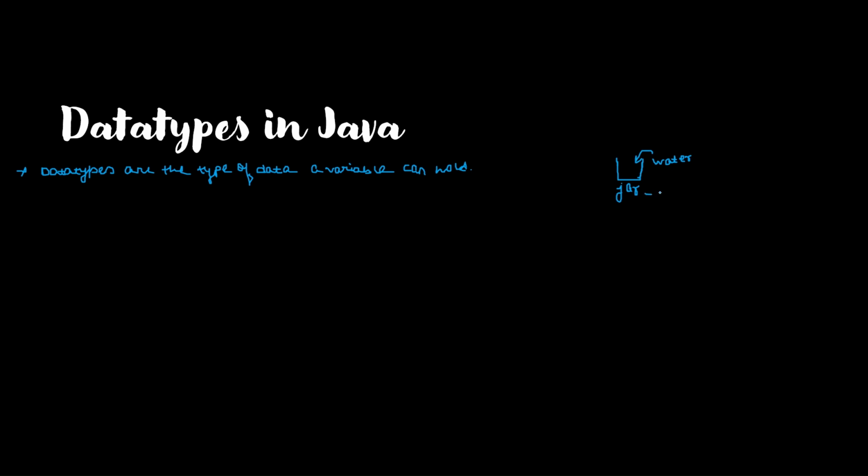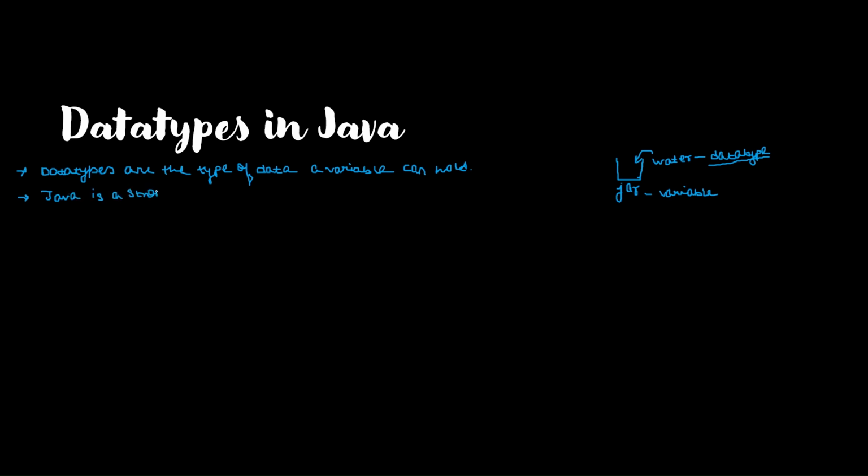So the jar becomes the variable and the water becomes the data type. So basically, variables are containers, and what type of containers you want to specify, that is where data types come in. Knowing this is really important because Java is a strongly typed language.